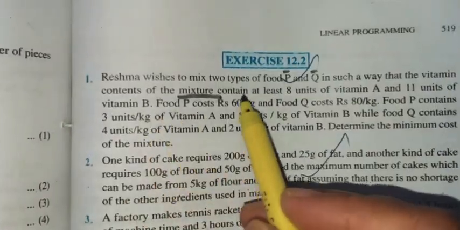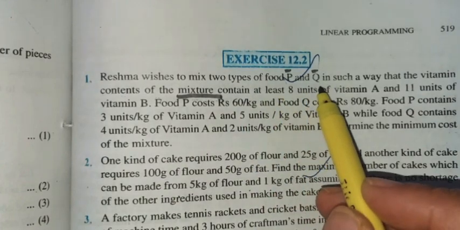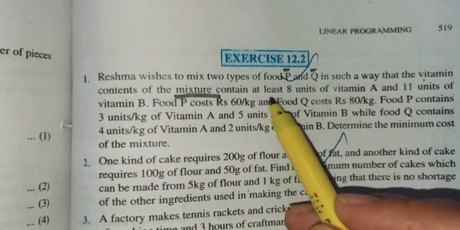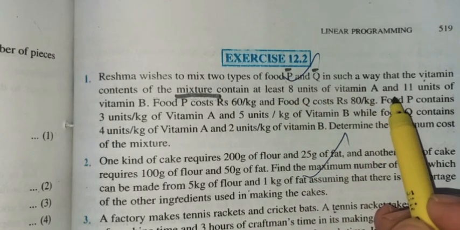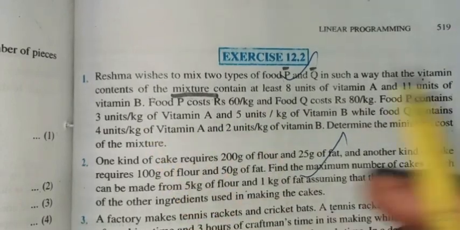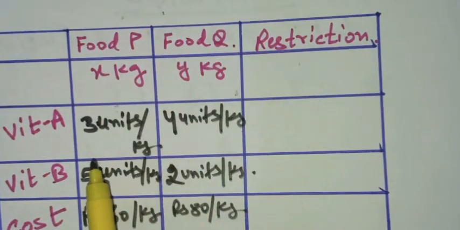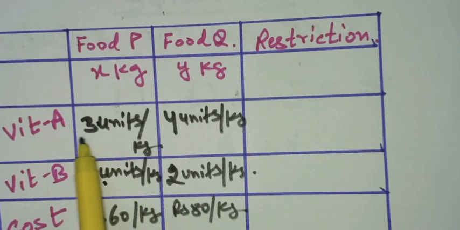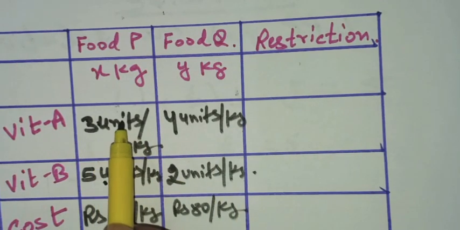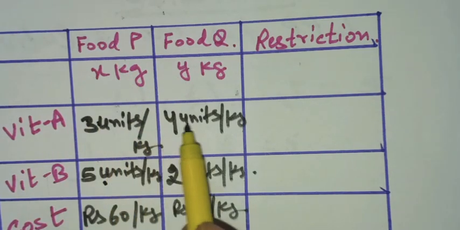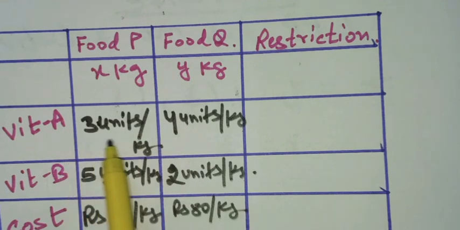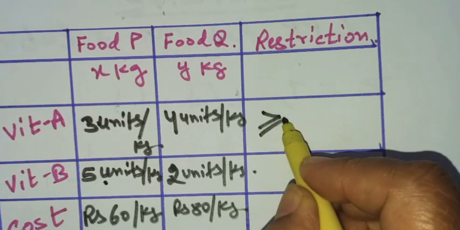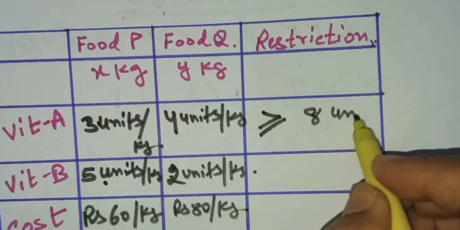The question says that Reshma wants to mix the two foods P and Q in such a manner that the mixture should contain at least 8 units of vitamin A and at least 11 units of vitamin B. This means the total vitamin A content of the mixture, which contains vitamin A of food P and also of food Q, has to be at least, means minimum, means greater than or equal to 8 units.